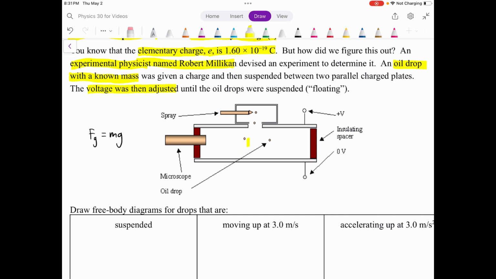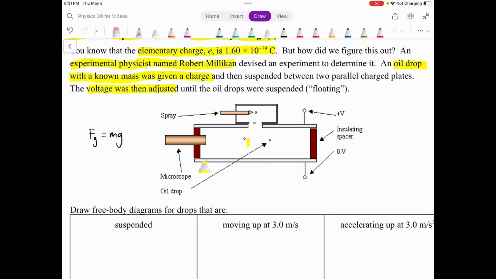Okay, so we took these oil drops, gave them a charge, and then Millikan messed around with the voltage across the plates, adjusting the electric field between the plates.